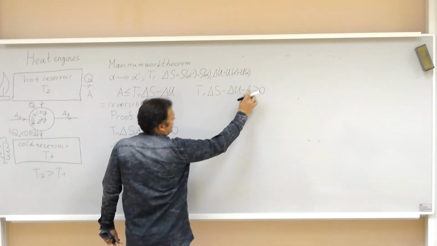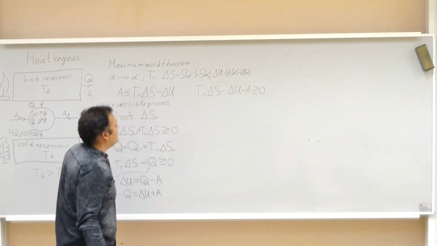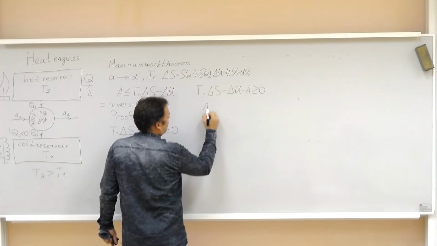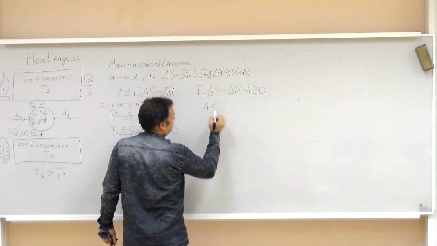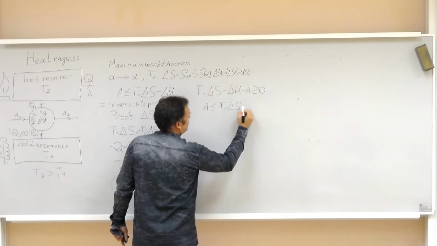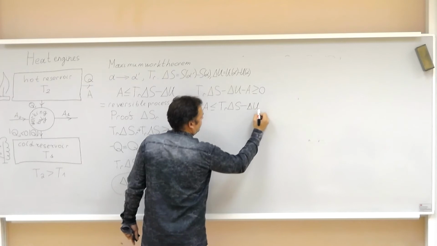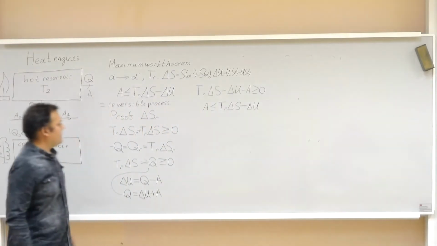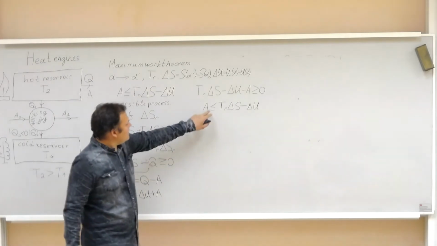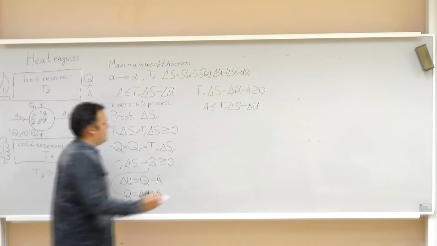Now we distribute all the terms to the left and right hand side of the inequality. We get what we want: T_R multiplied by delta S minus delta U. And let me say again, equality is only in a reversible process.